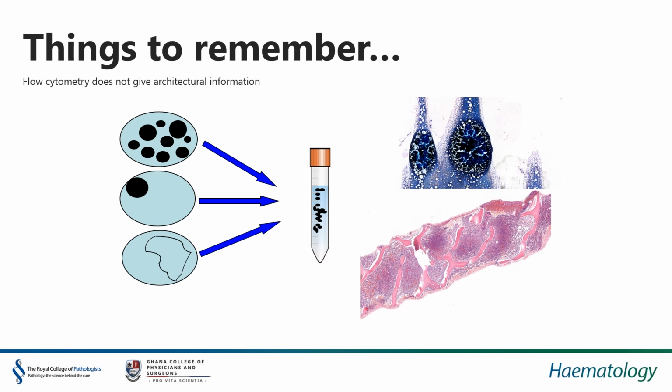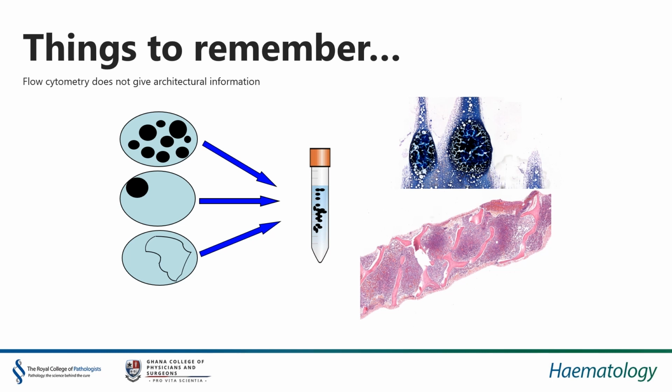But we have to be very mindful all the time that flow cytometry is just one test, and it tells us a lot of information, but it won't give you the architectural information, particularly in certain cases such as myelofibrosis, hairy cell leukemia, and multiple myeloma, where we know that plasma cells form focal aggregates within the bone marrow.